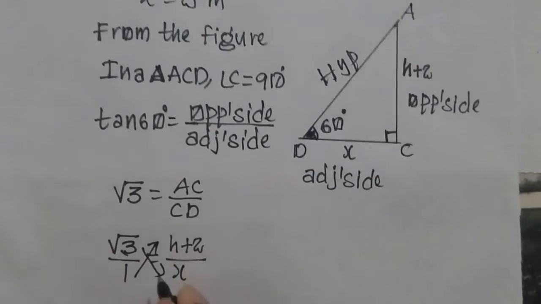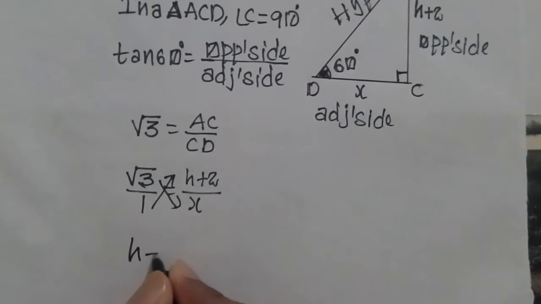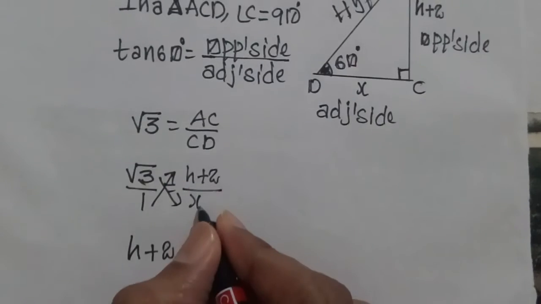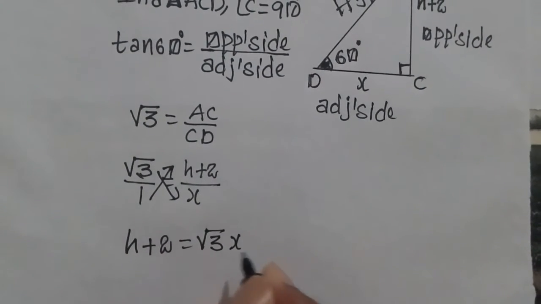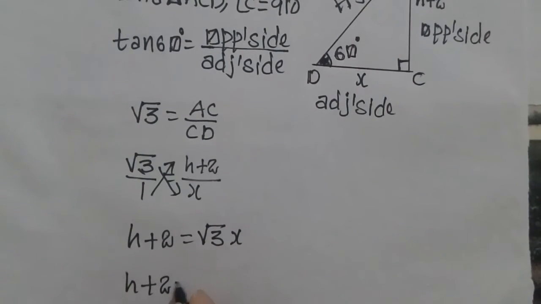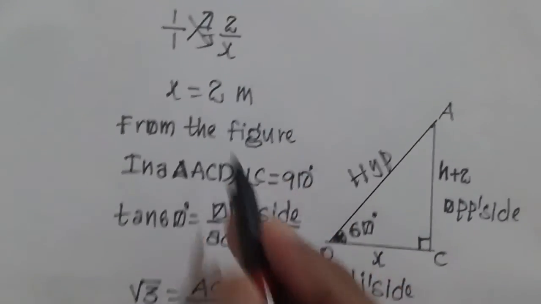By cross multiplication, taking h plus 2 on the LHS, h plus 2 into 1, h plus 2 is equal to root 3 into x, root 3 x. We got the value x is equal to 2 meters, proved above.